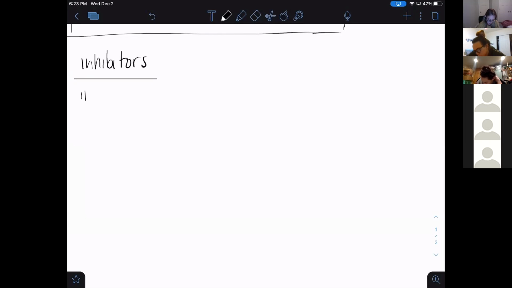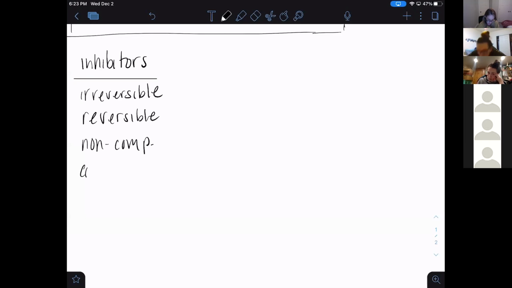So, irreversible, reversible, non-compet, compet, and then I did hear allosteric. Okay, if I know how to spell allosteric.